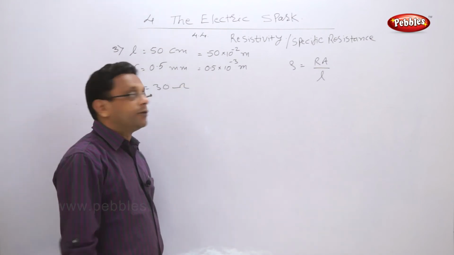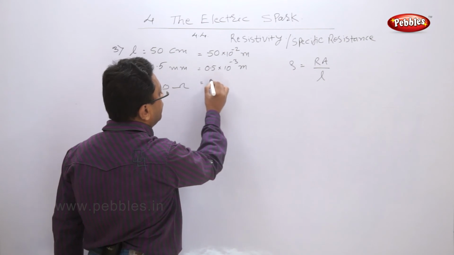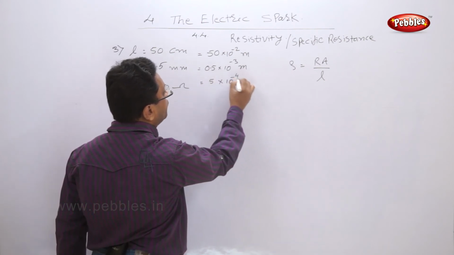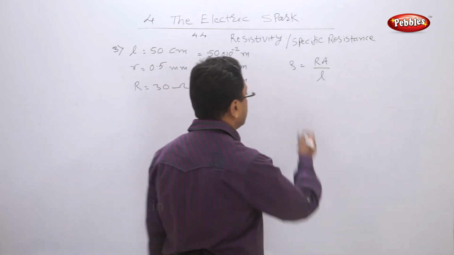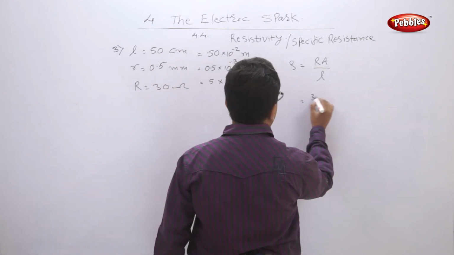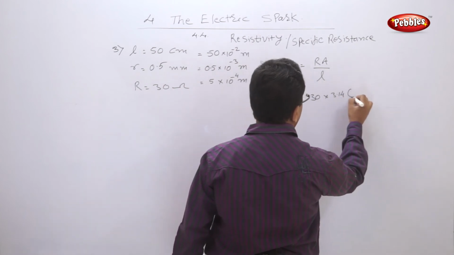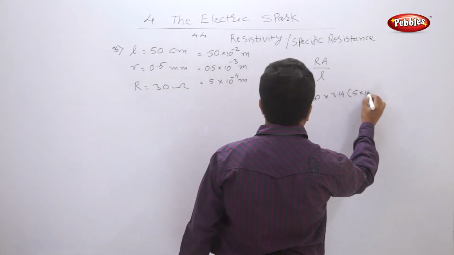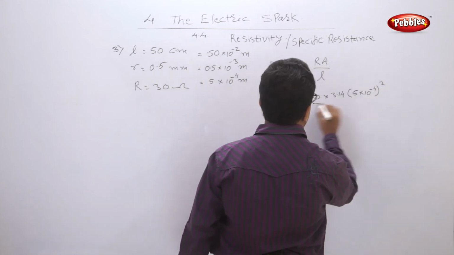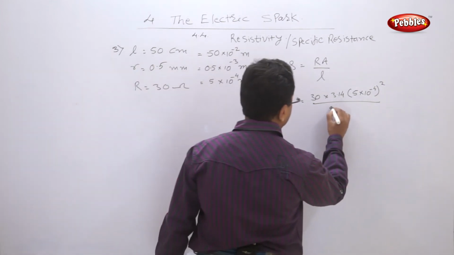Instead of 0.5, I can say 5 into 10 raised to minus 4 meters. Now let us substitute first: 30 into area, that is 3.14 into r square, that is (5 into 10 raised to minus 4) square, divided by 50 into 10 raised to minus 2.